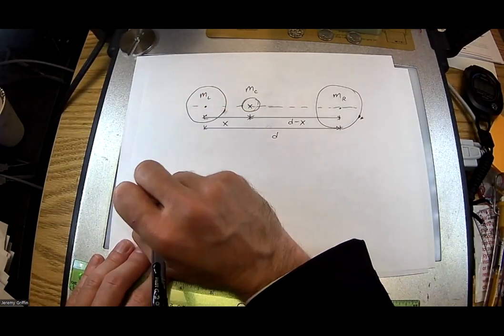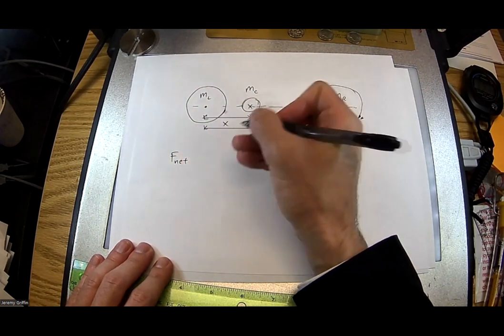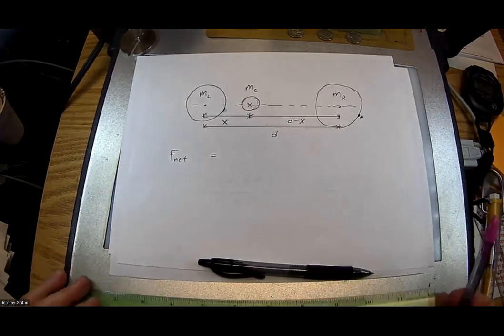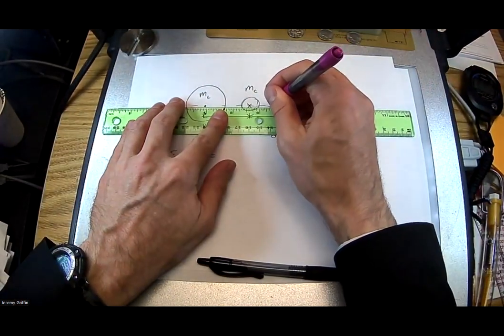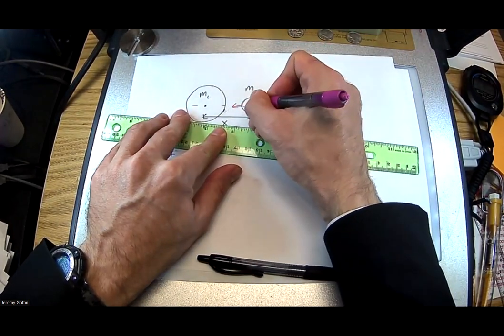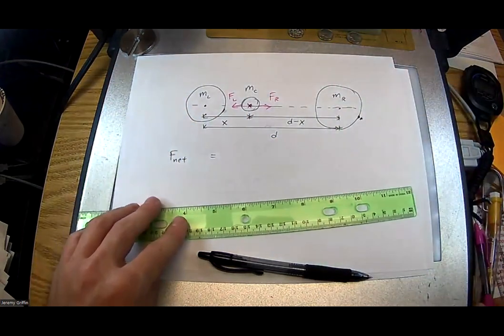I'm going to go net force, which is the sum of forces. Let's do right minus left, or maybe we should draw this. Now this time they should be equal magnitude, because that's the point of this. So the force to the right and the force to the left are the same magnitude.